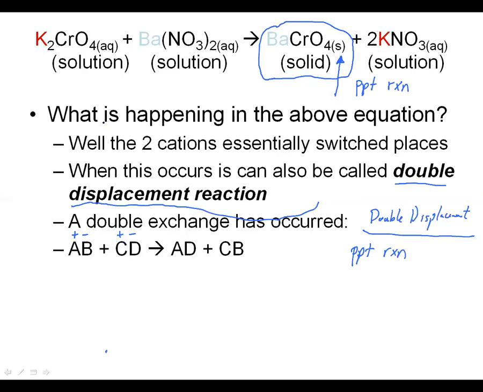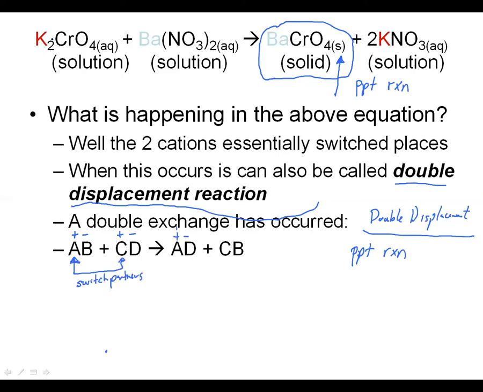And basically what happens in this reaction is our two positive guys will switch partners. So our two cations in this case will switch partners.